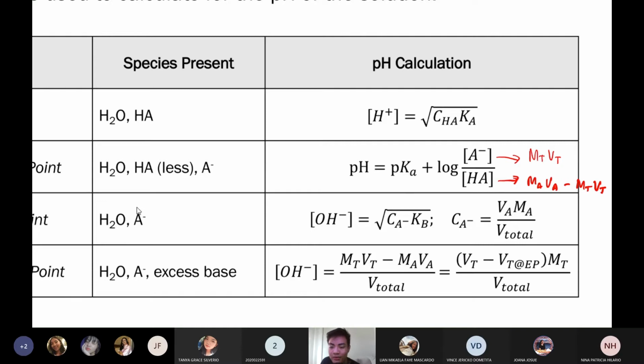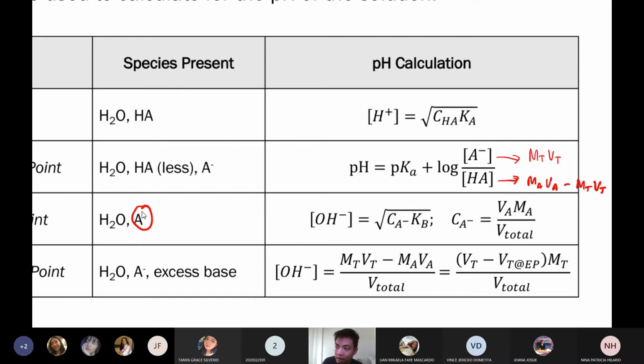And the conjugate base has a basic property. Ibig sabihin, ito yung magko-contribute sa pH. Take note of the words na ine-emphasize ko kasi baka lumabas yun sa exam or sa quiz. So, at equivalence point, the conjugate base contributes to the pH of the solution. So, since base to, OH makukuha natin. Okay? So, ganun ang idea.